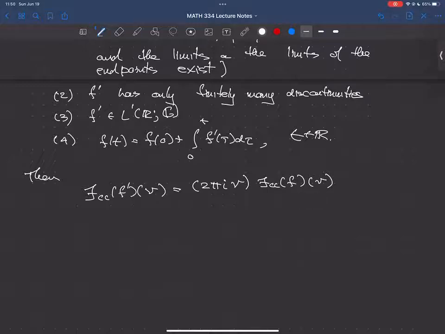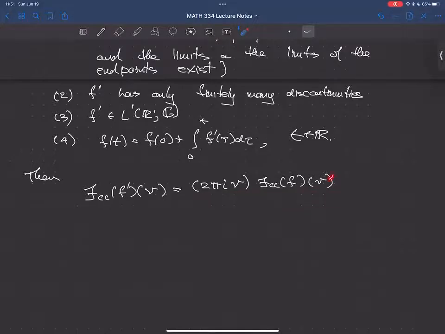Okay, and so the conclusion here is just like it was for the CDFT. The idea is, I know that the CCFT of f prime, because f prime is in L1, must go to 0 as nu goes to infinity.